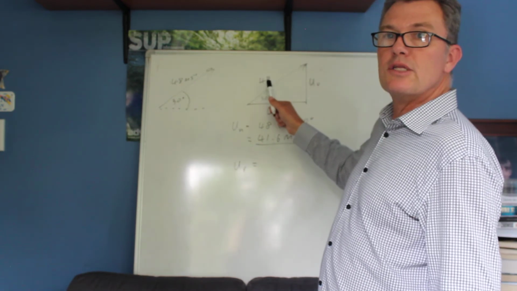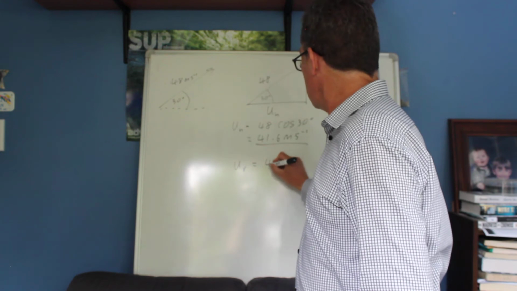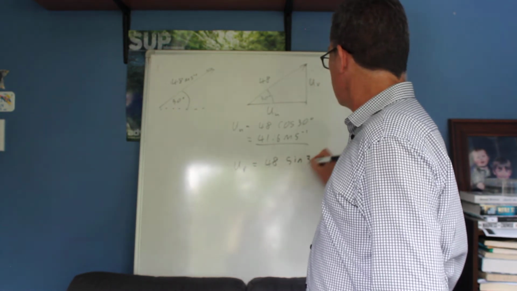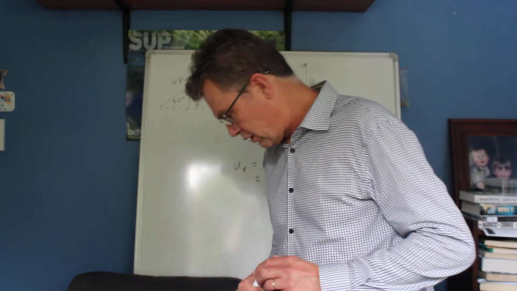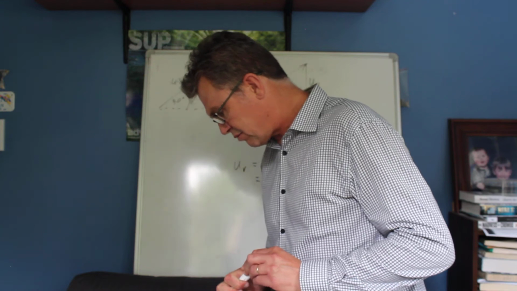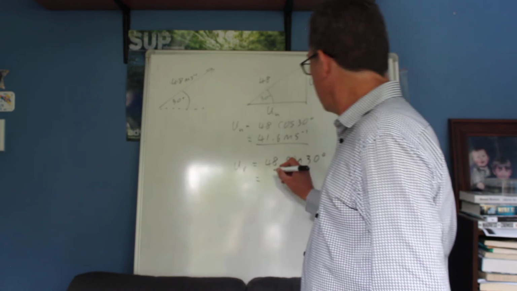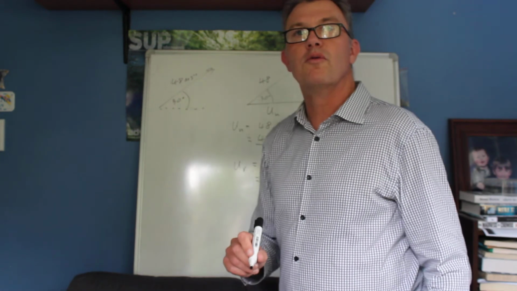That'll be 48 times, it's the opposite this time, so it's going to be 48 times sine 30 degrees. Now sine 30 degrees is just 0.5, isn't it? So it's going to give us an answer of 24 meters per second.